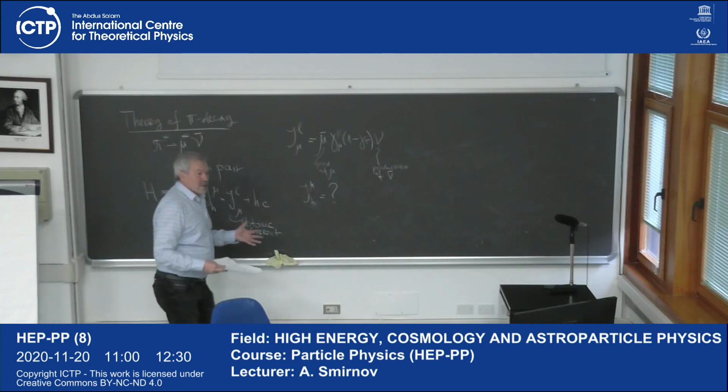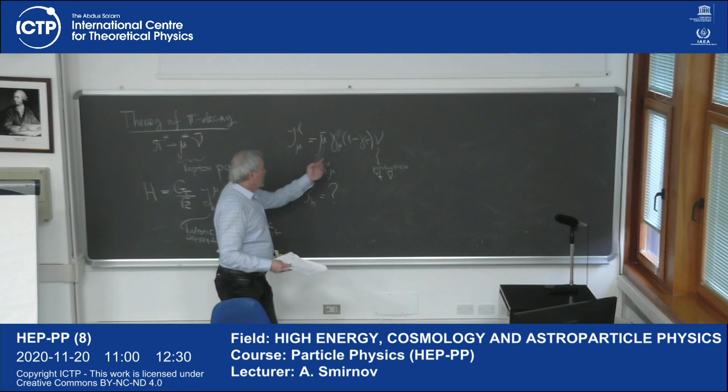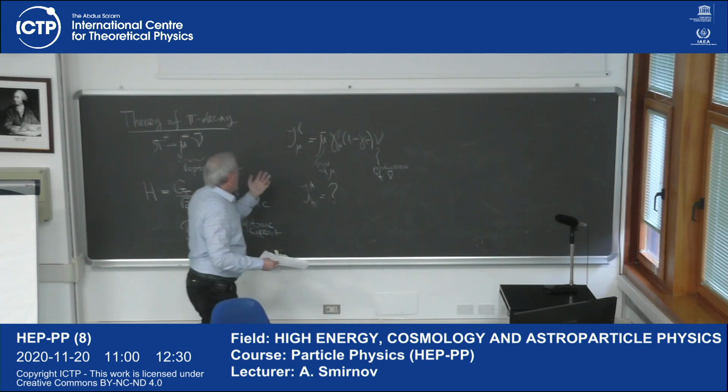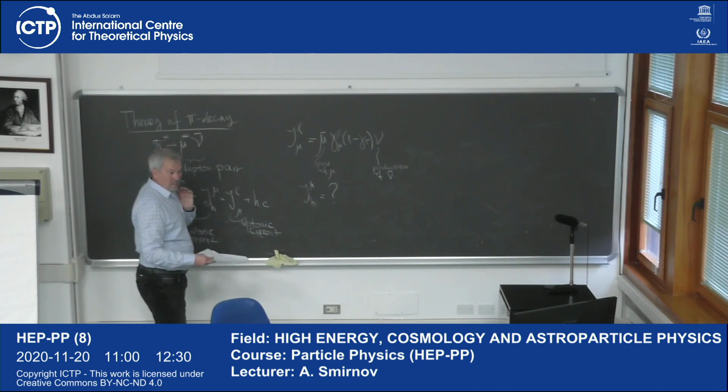So we don't know what this is, what we can write. We don't even know that this is a vector current. Let's take a vector current. Actually, it may happen that it is not described by a current, but by something without gamma mu.